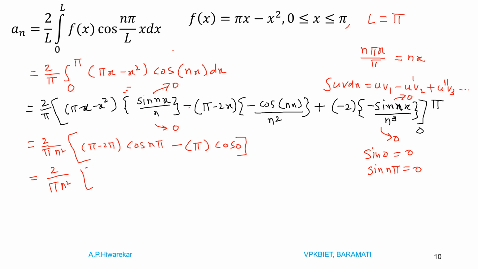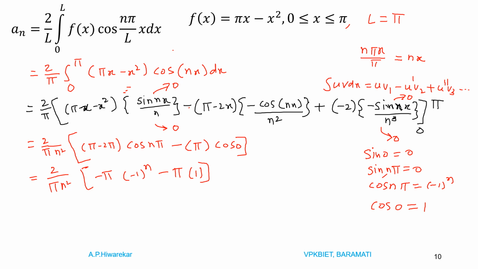Then pi minus 2 pi is minus pi. Cos of n pi, we know, is minus 1 power n. Cos of 0 is 1. So it is minus 1 power n. Then this is minus pi into cos of 0, which is 1.